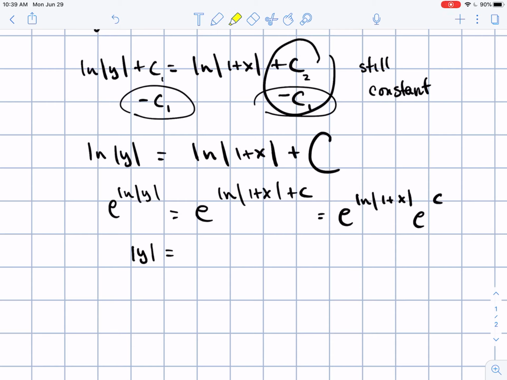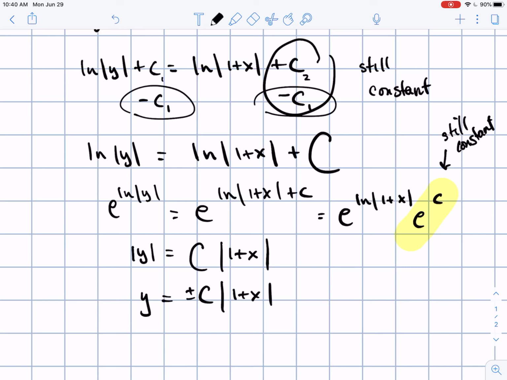Now, e to the c, think of e to the second, e to the third, e to the fourth. Still a constant. So what we can do is c comes out, use your properties of logarithms, and you get 1 plus x. So basically when you solve it, you can write y equals plus or minus c times 1 plus x.